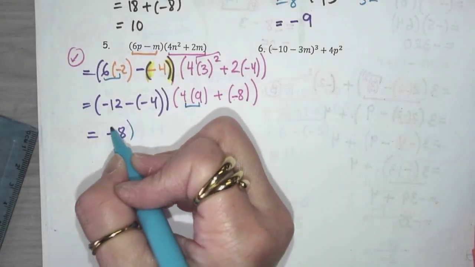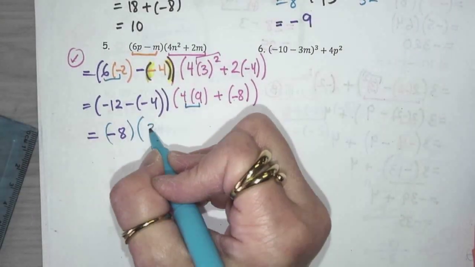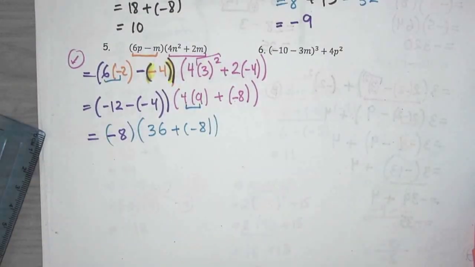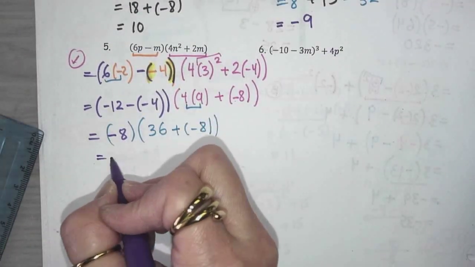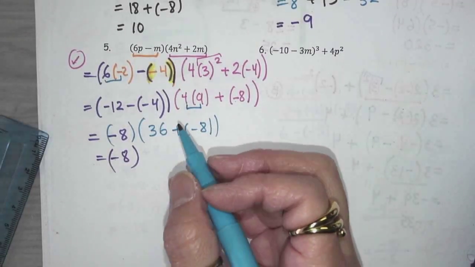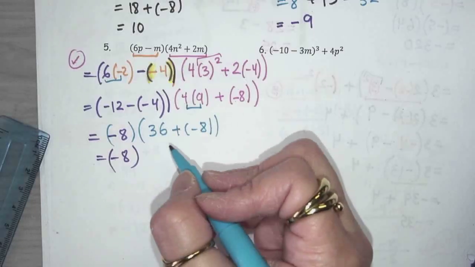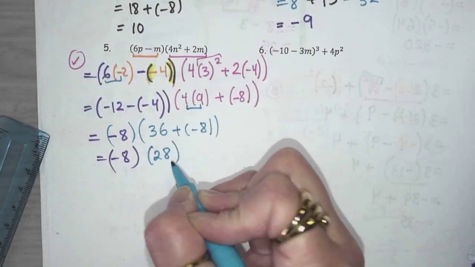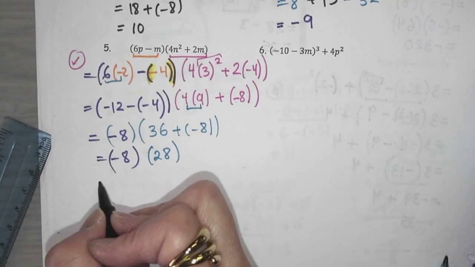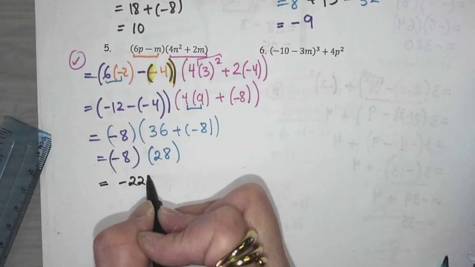So we're going to close you up here, and then we're going to go 36 plus negative 8. And this is negative 8. Keep it in a bracket. 36 plus negative 8 is 28. And then negative 8 times 28, you get the lovely answer, negative 224.